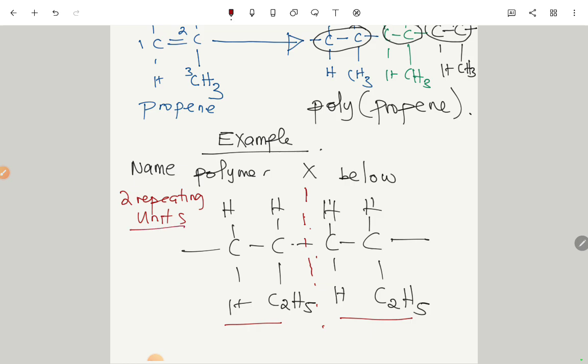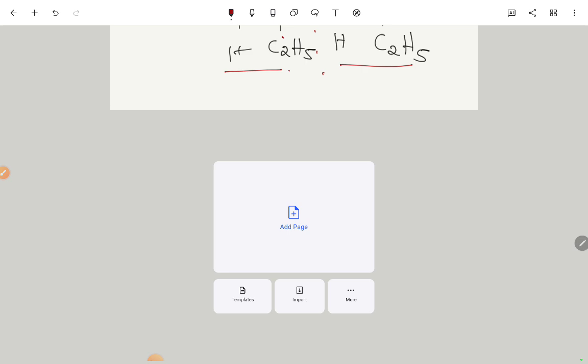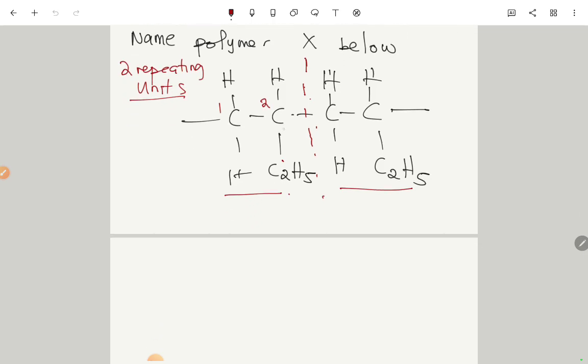Now, to determine the name, we get the number of carbon atoms in a repeating unit. So here we have 1, 2, 3, 4. Since there are 4, it means it is a butene. And here, where we're cutting, the double bond is supposed to be on carbon number 1. So this will be called poly 1 butene.